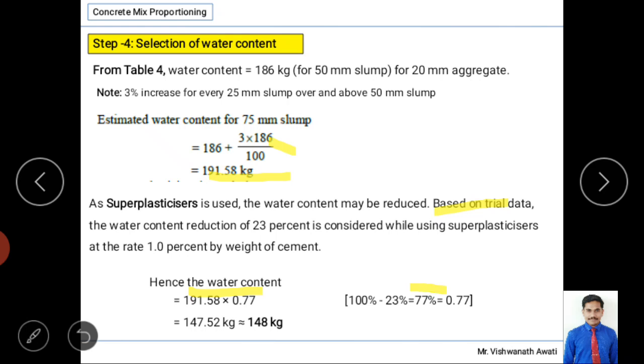In fraction it will be 0.77. So out of 191.58 kg, we are taking only 77%. That gives the total water content required as 147.52 kg, approximately equal to 148 kg. So for future reference, the water content is 148 kg.